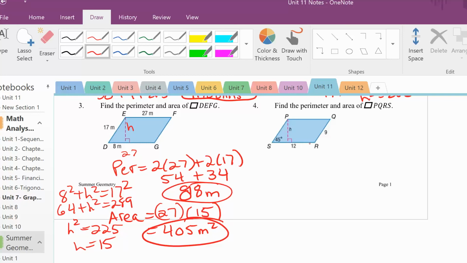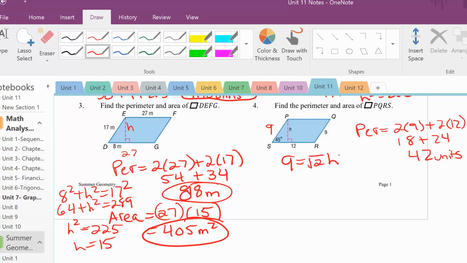So the perimeter and area for this parallelogram, well, the perimeter is 2 times 9 plus 2 times 12. So it's 18 plus 24, which is 42 units. Now to find the height, we know this is 9, and that is the hypotenuse of the right triangle, and this is a 45, 45, 90 right triangle. So basically 9 is equal to rad 2 times h.